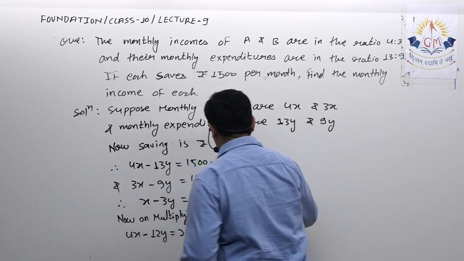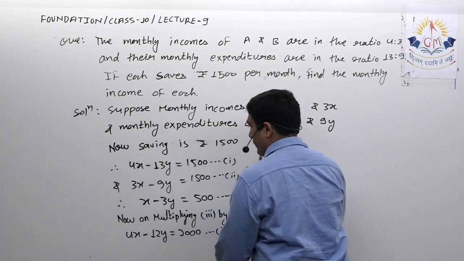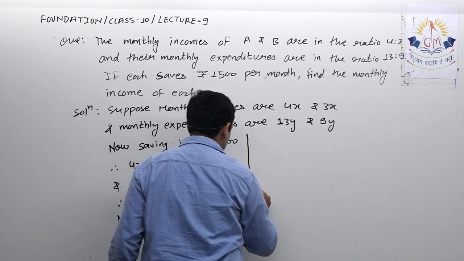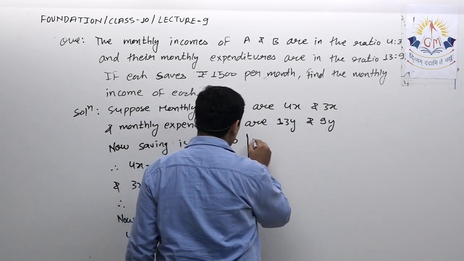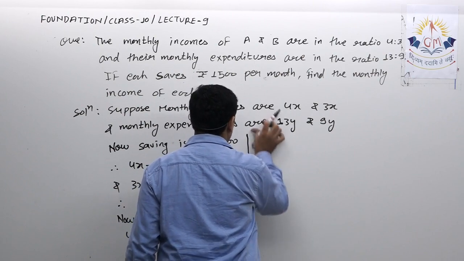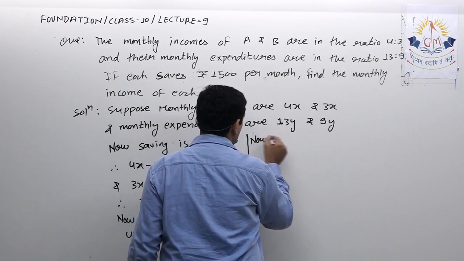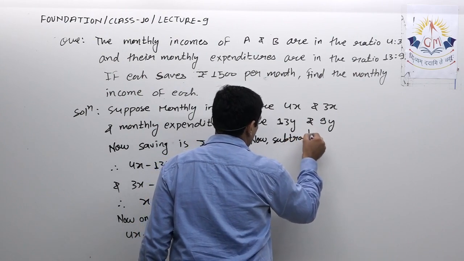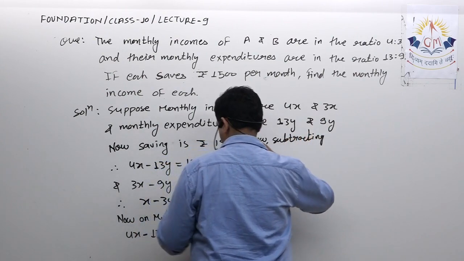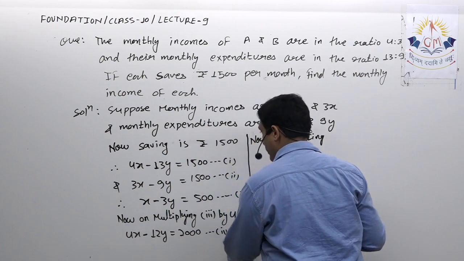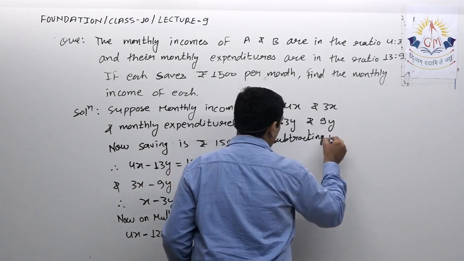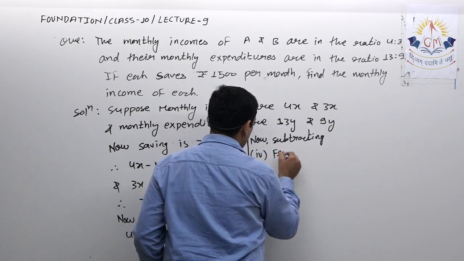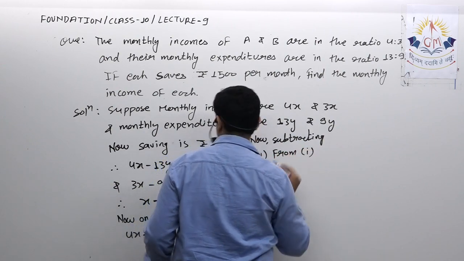Now we'll solve these two equations. Subtracting fourth from first.